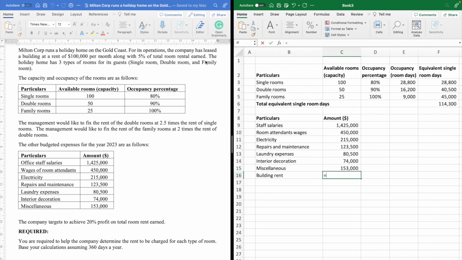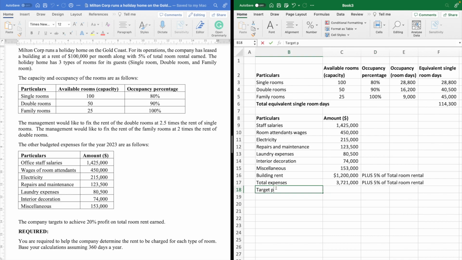So the building rent would be $100,000 per month times 12, 1.2 million plus 5% of total room rental. So the total expenses for the forthcoming period would be the sum of all these numbers. So the total expenses for the forthcoming period would be 3.721 million plus 5% of the total room rental.